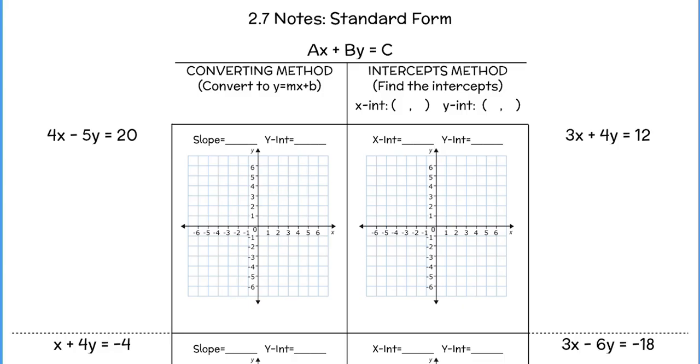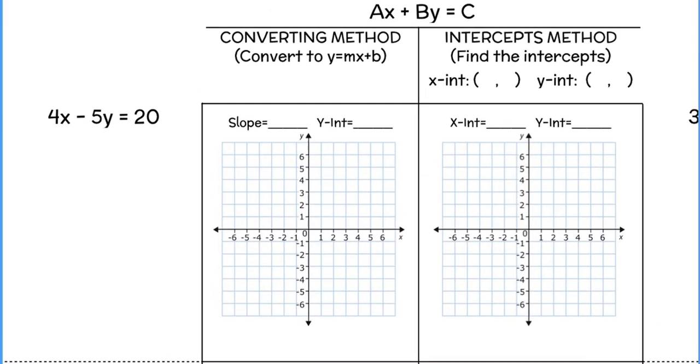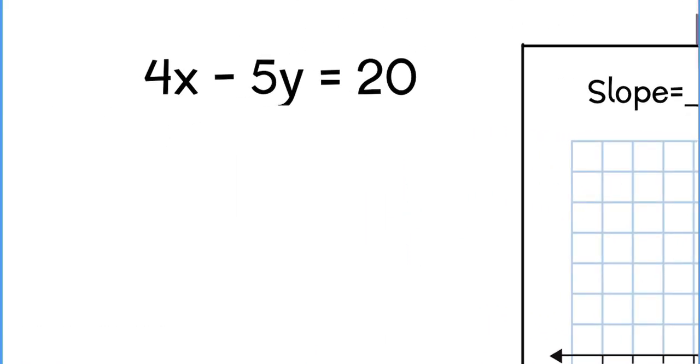So the first method we're going to do is we're going to convert from standard form into slope-intercept form. So we're going to start over here with 4x minus 5y equals 20. If I want to solve for y, what is probably the first step I'm going to do?